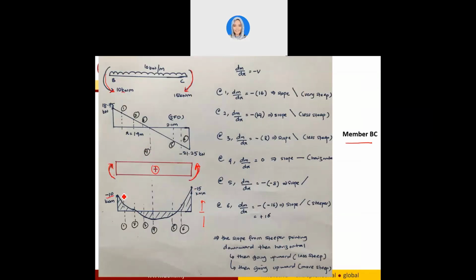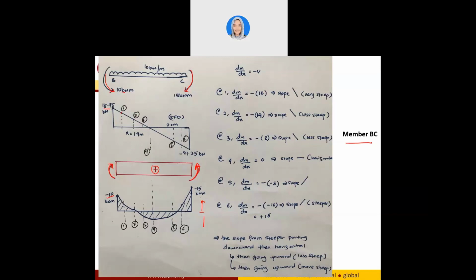How are you going to connect these two points? If you want to go into details, I cut them into 6 locations: location 1, 2, 3, 4, 5, and 6. Between location 1 and 3, at location 1, if this is 18.75, the estimate for location 1 is going to be 16 kilonewton.